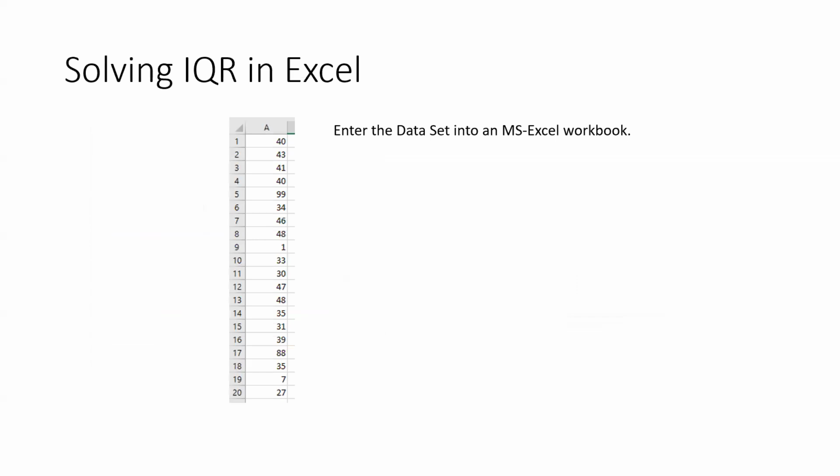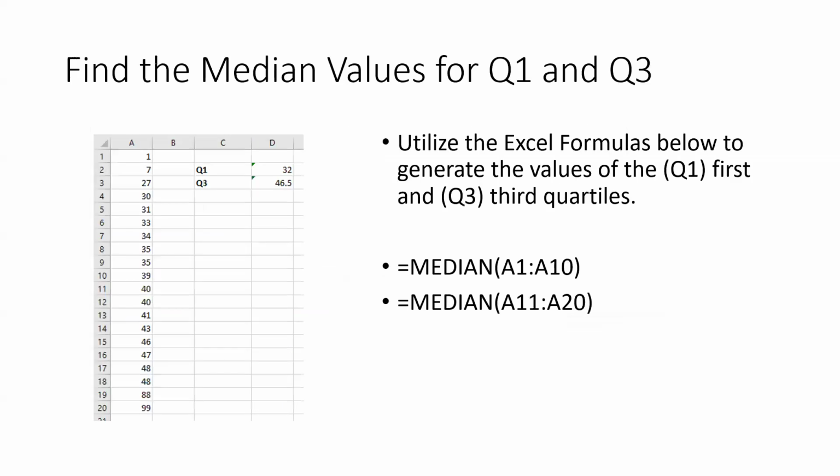So if you wanted to solve this in Excel, here's how you would do it. You first have to enter all your data into an Excel workbook. All right, so this is one of the sheets in an Excel workbook. You then want to be sure that your data is sorted in ascending order.